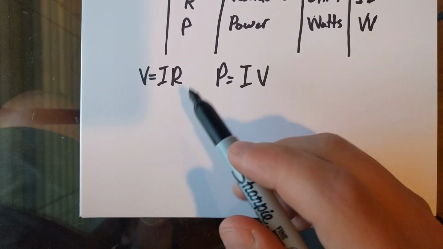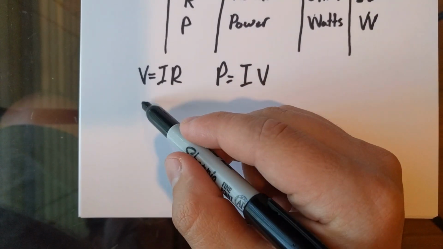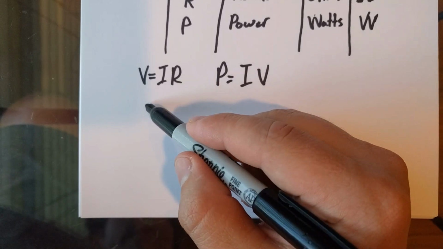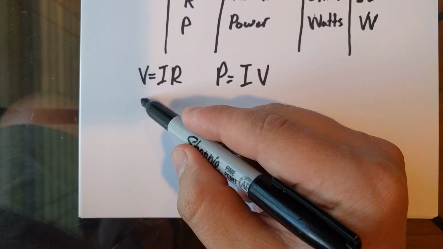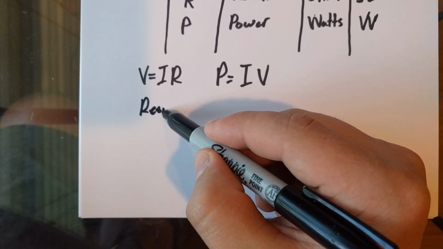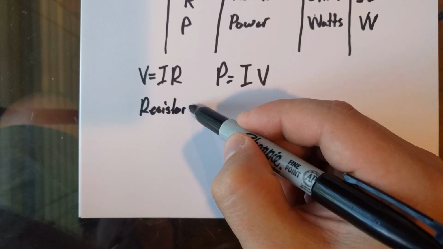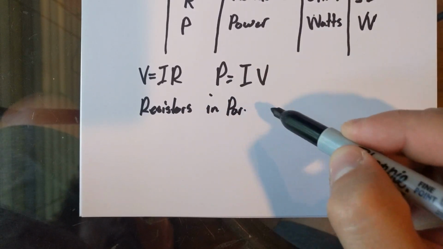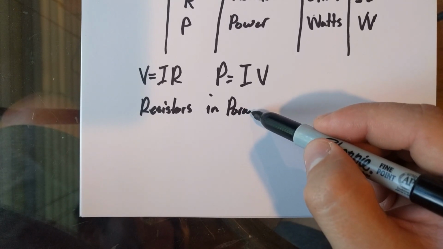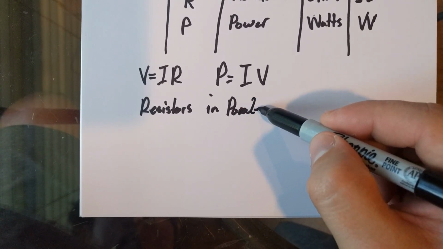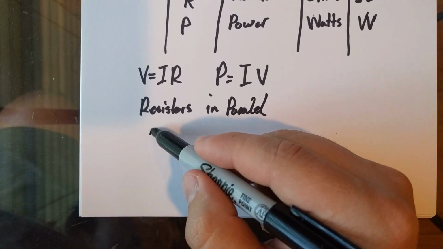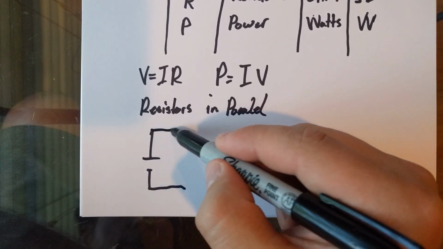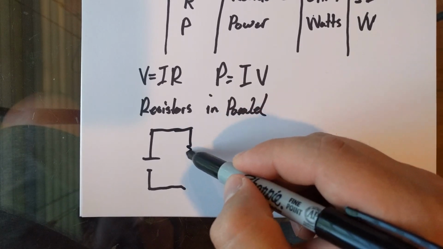There are also two types of circuits. There are circuits that have resistors in parallel, which will look like this.